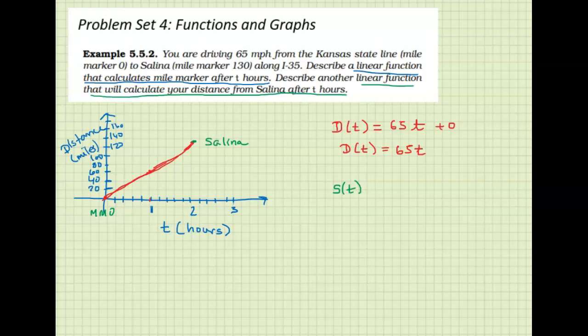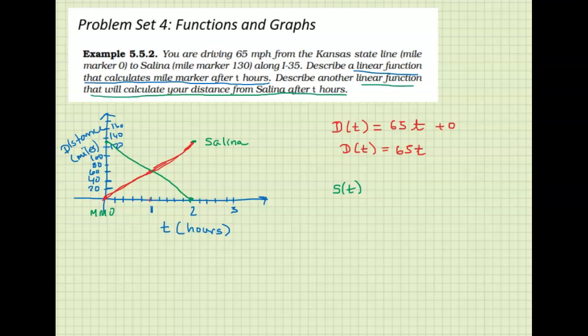Initially, at time 0, when you're at mile marker 0, you're 130 miles away from Salina. As you're driving, you're getting closer to Salina, so your distance from Salina is decreasing. By the time you reach 2 hours, which is 130 miles, you're going to be at Salina, so the distance to Salina gets to 0.